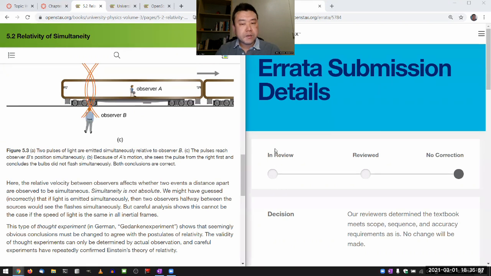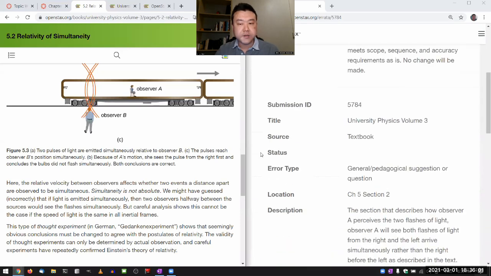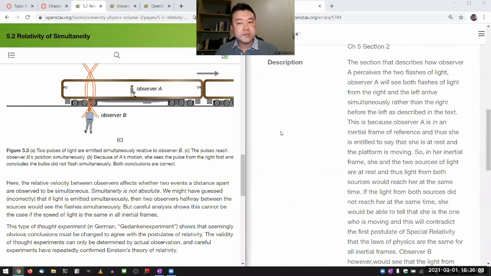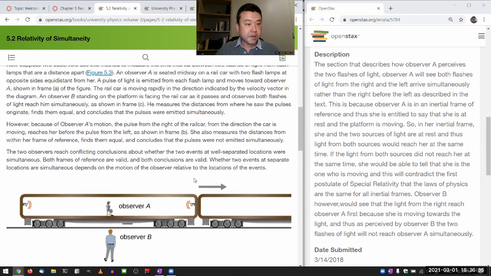See if what this Errata submission is trying to say is something that you would have agreed with. This submission is referring to this picture here.